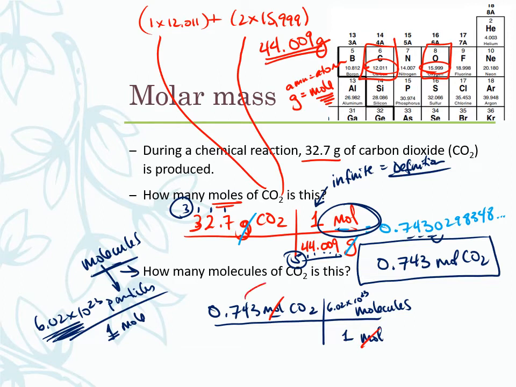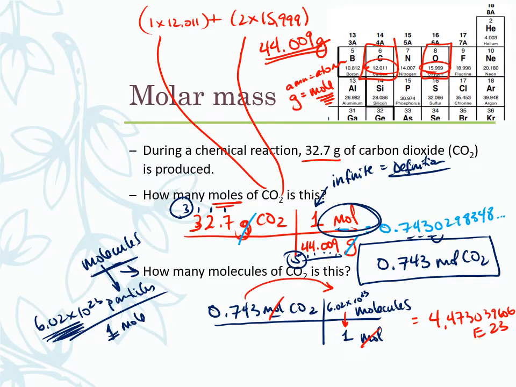Calculator, 0.743 times 6.02 divided by 1 is going to give us 0.743 times 6.02 times 10 to the 23rd. Handy dandy calculator tells us the answer is 4.473039606E23.